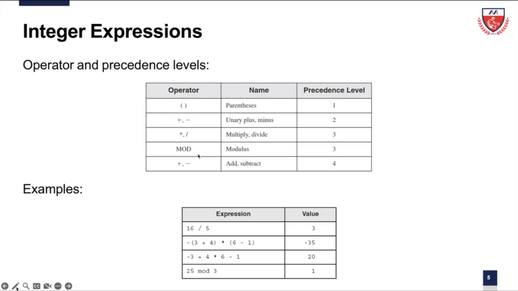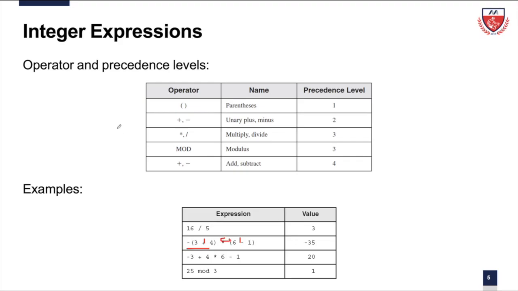So for example, we have the expression 16/5, the value is 3. Then you can see that we have parentheses here, so that is the precedence. This is first, and then the next one is to negate, for example 7 becomes -7, and then you multiply afterwards.